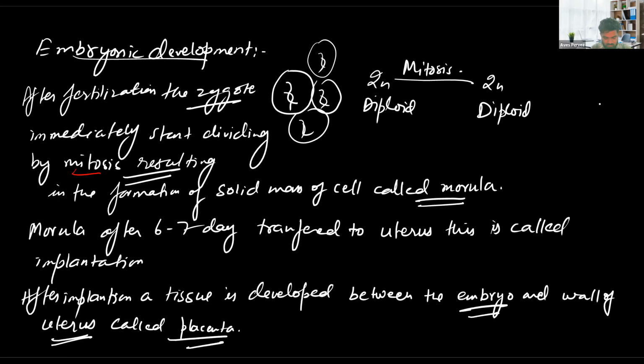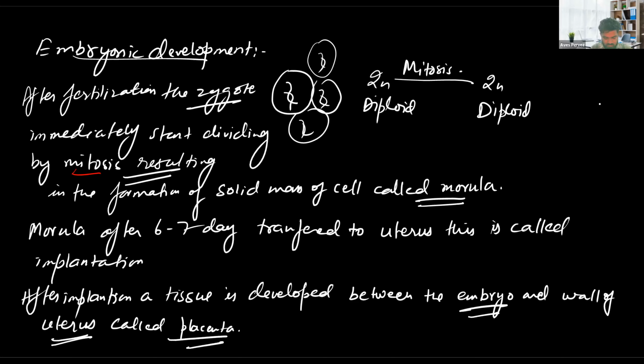This oxytocin hormone helps in the contraction of the uterus. The uterus starts contracting and pressing. Due to contraction and relaxation, it propels the baby outward, and this is a painful process.